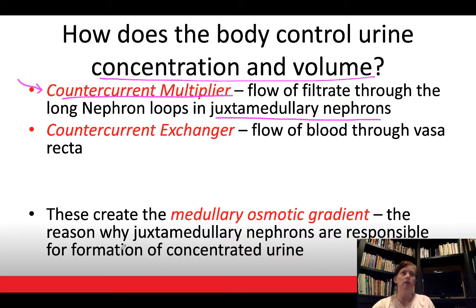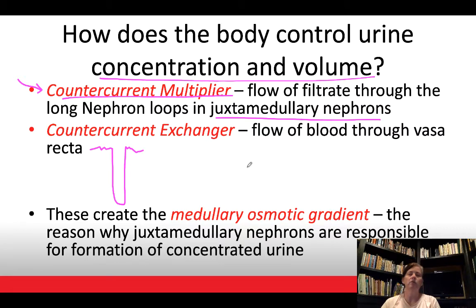So if you think back to when we talked about the two types of nephrons, we had cortical nephrons, which were the little short nephrons, and then we had the juxtamedullary nephrons that had really long loops of Henle, and they dipped way down into the renal medulla.